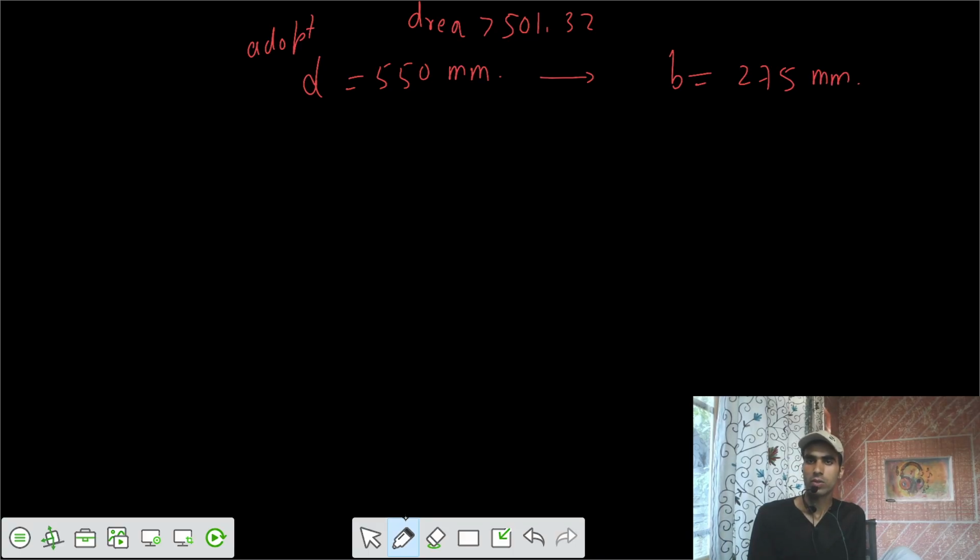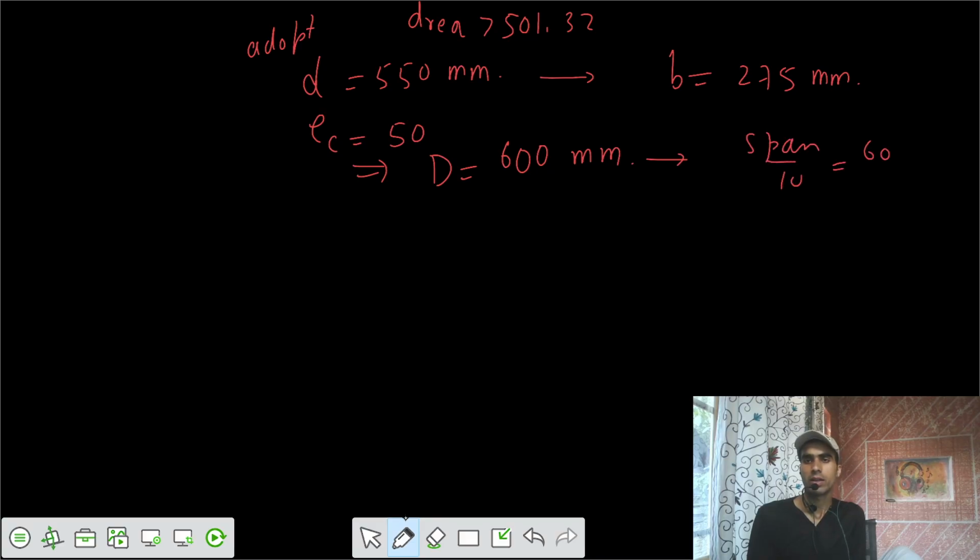So you got the b also, and we said that the effective cover would be 50, and that means capital D would be 600 millimeters. Our trial was also starting from span by 10, that is 6,000 millimeters by 10. That is also same, so there's no change.